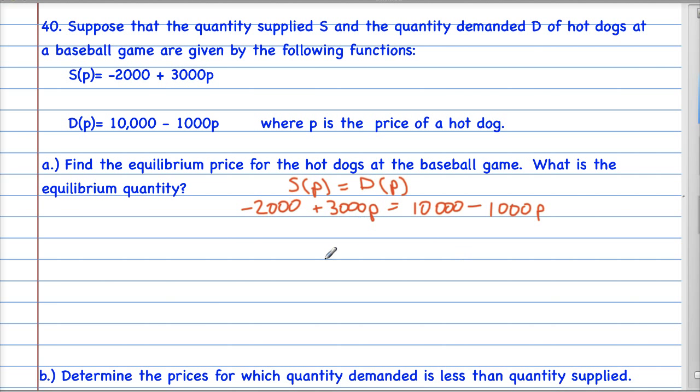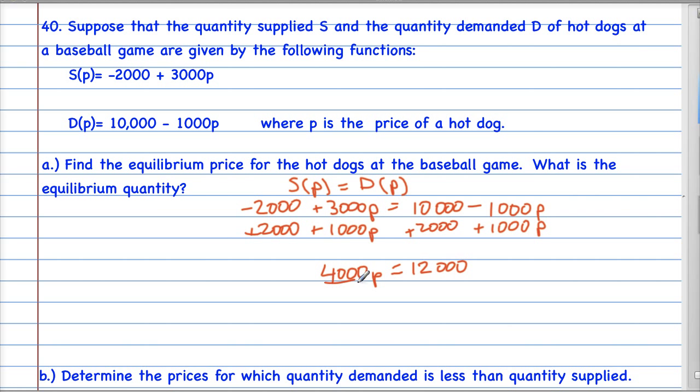So let's get these all together. I'll add 1,000 P to each side so that I get 4,000 P over here. And then I'm going to add 2,000 to each side so that I get my 12,000 over here.